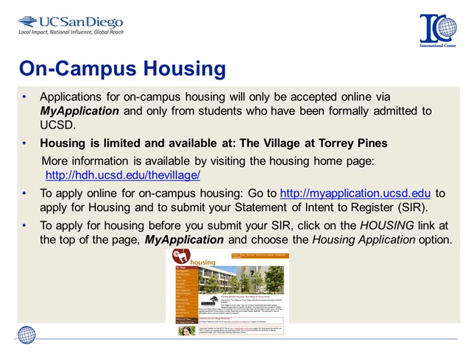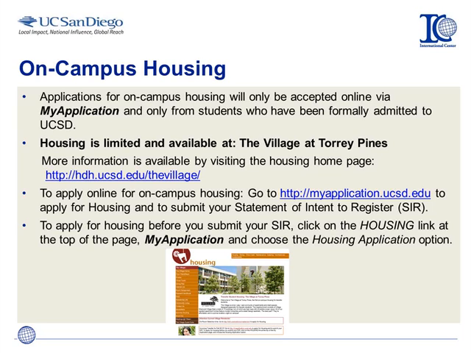It is very convenient and a great way to make friends, learn about campus resources, and stay connected to campus. Applications for on-campus housing will only be accepted online via My Application and from students who have been formally admitted and have accepted their admission to UC San Diego.